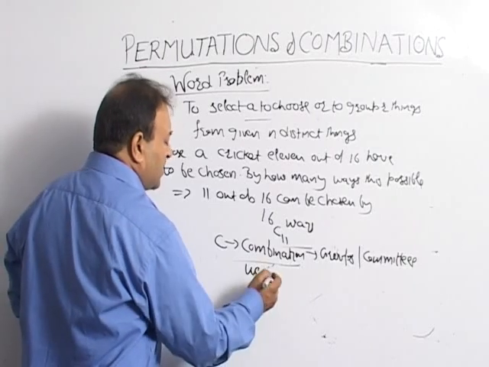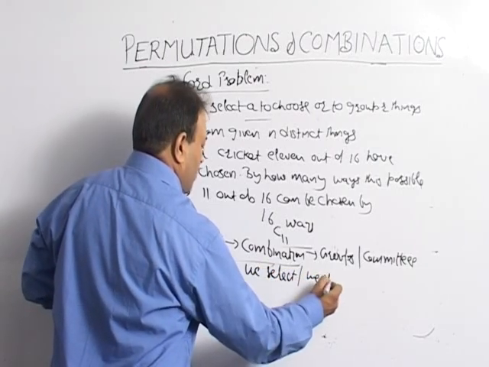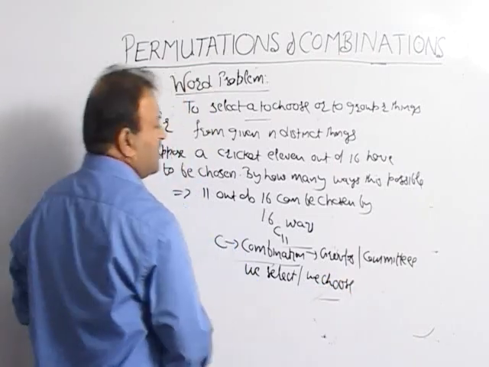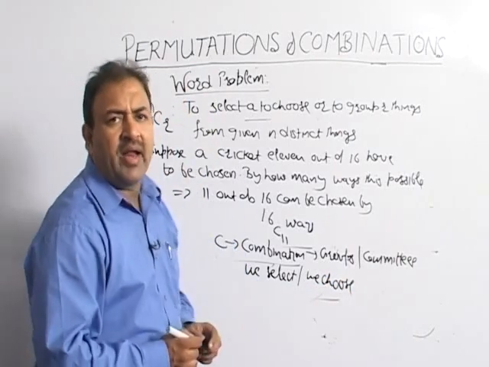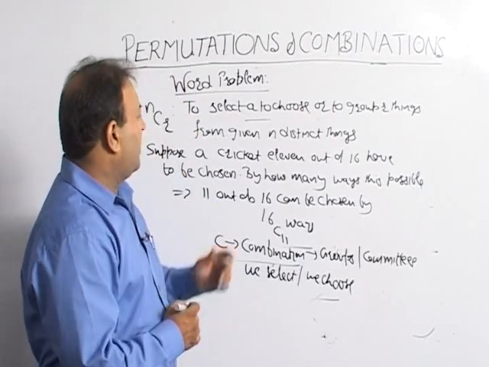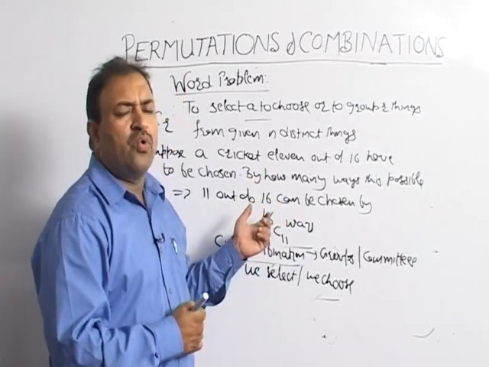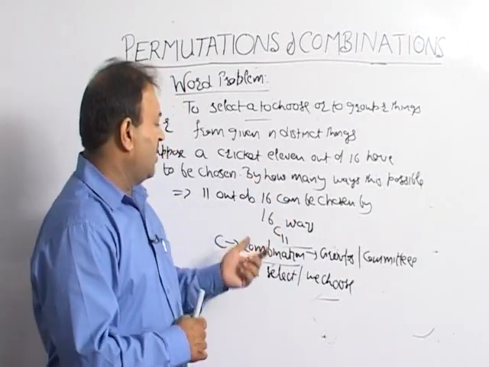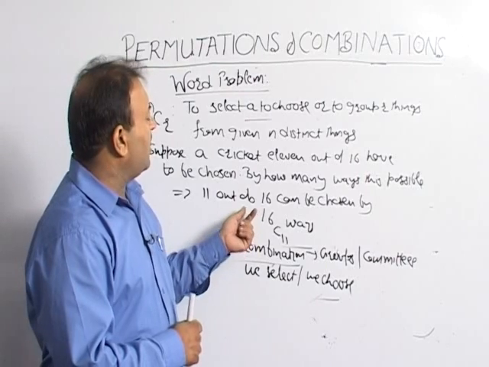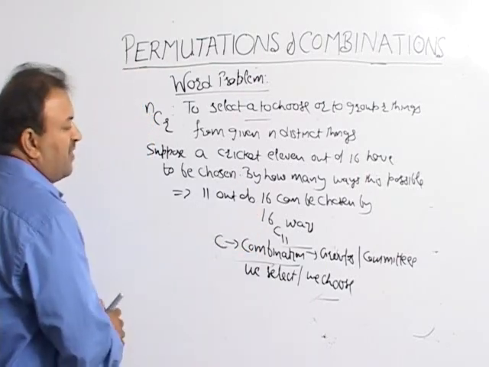So this is the basic difference between NPR and NCR. NPR matlab it is number of arrangement, number of things to be arranged in a row or in a circle or whatever it is. Now here number of things have to be selected. Say like this way, this example I have taken.